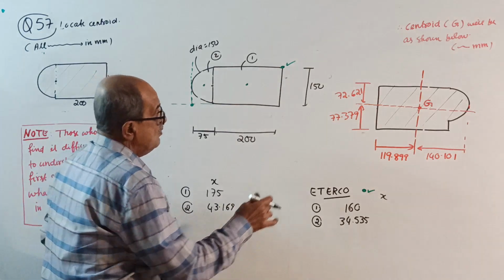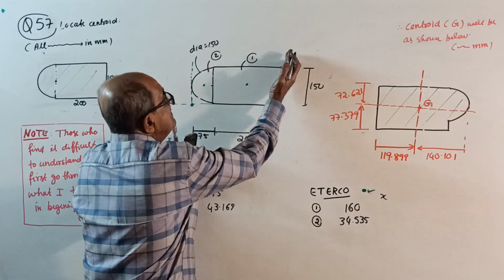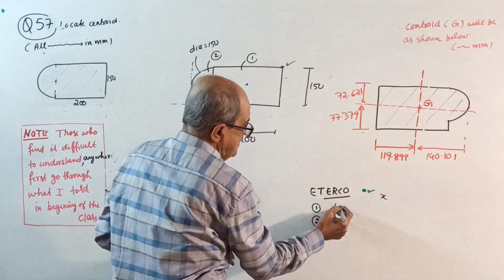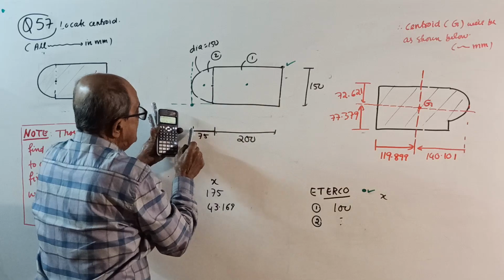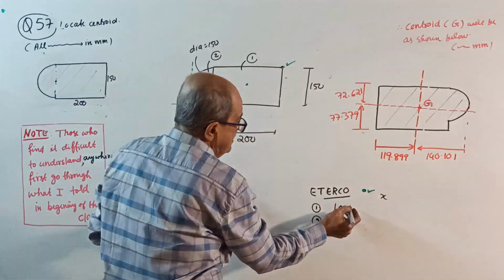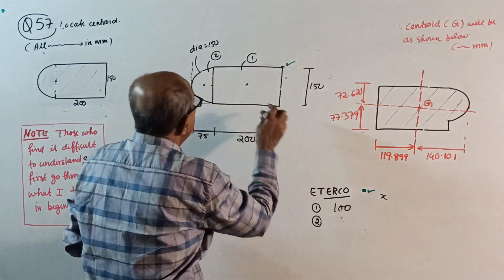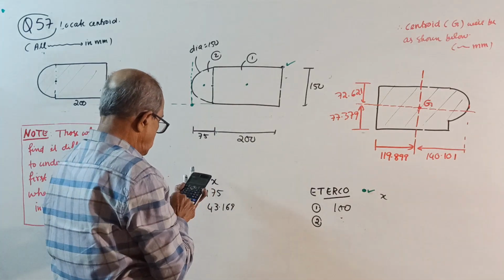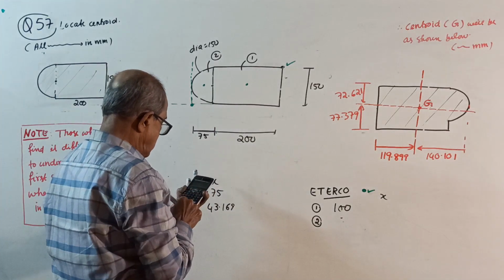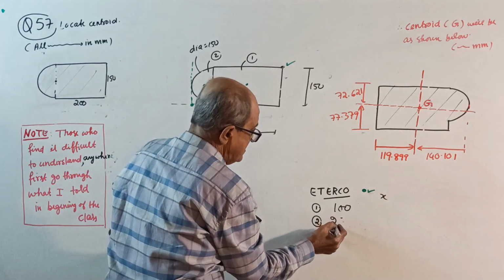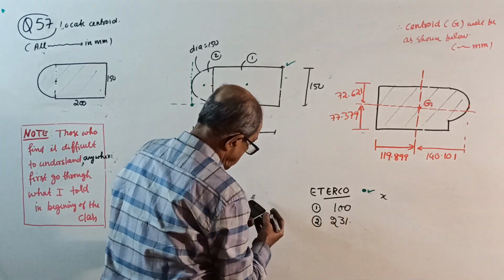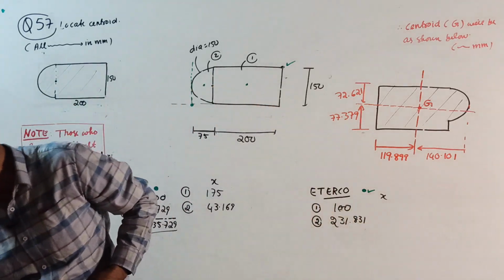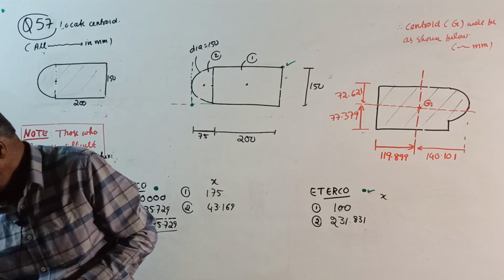Y bar is not required. Whereas if you take the origin at this end, x1 will be directly 100, whereas last time it was 75 plus 200 by 2. And x2 is 200 plus 2d by 3 pi, that is 200 plus 2 into 150 divided by 3 divided by pi, which is 231.831.